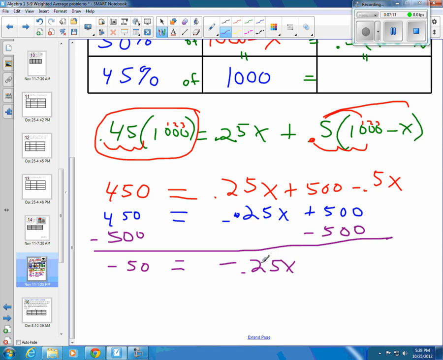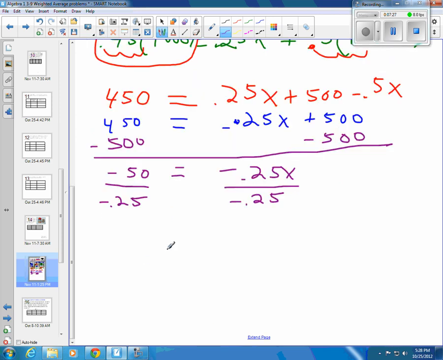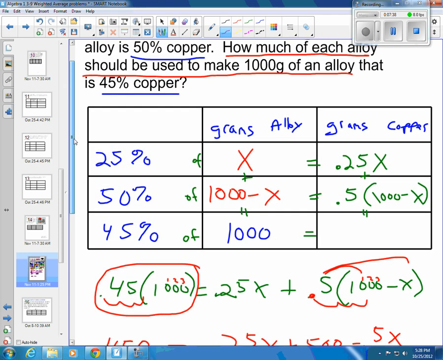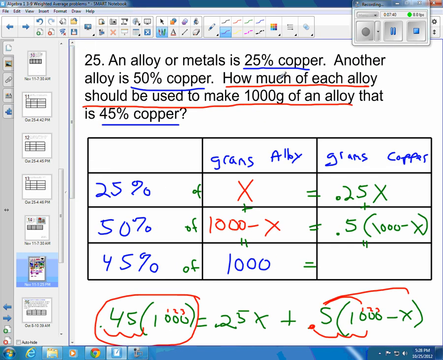And to get rid of 1/4, you flip and multiply, so I'm actually multiplying both sides times 4. If that bothers you, you can divide by negative 0.25 and divide the other side by negative 0.25. But again, I think it's easier to take 4 times 5 and make it 20, add the 0, make it 200. But you can grab your calculator and you'll still end up with that being 200 and this being an x.